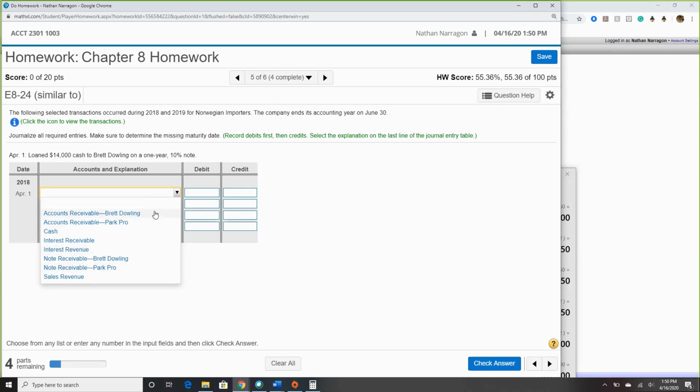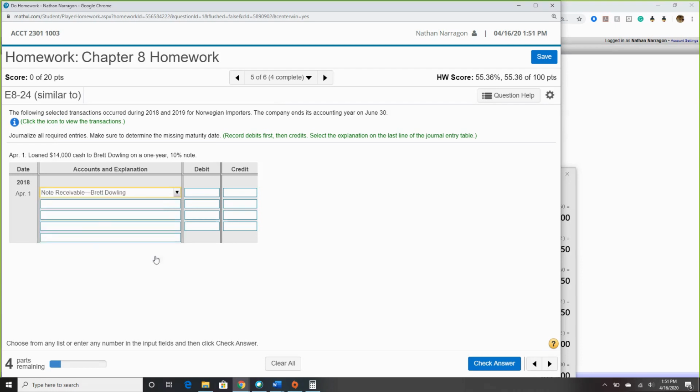So which account am I going to debit? Remember, this is the receipt of the note. Note receivable, good. So we got a note receivable. And for me, again, this is $14,000 in cash.